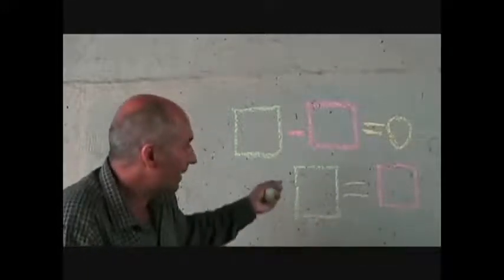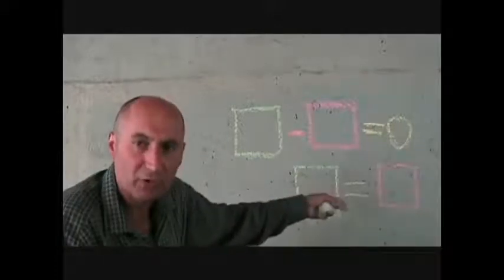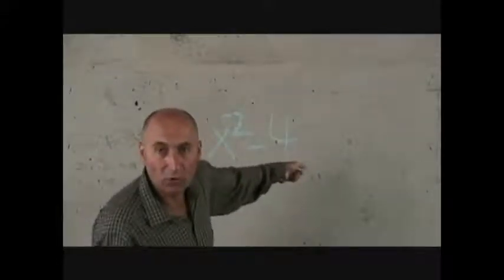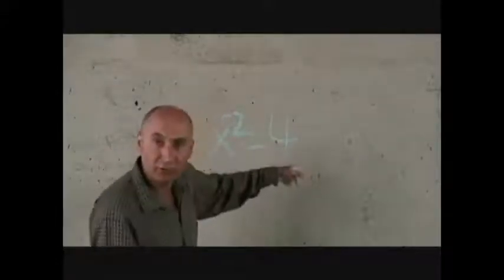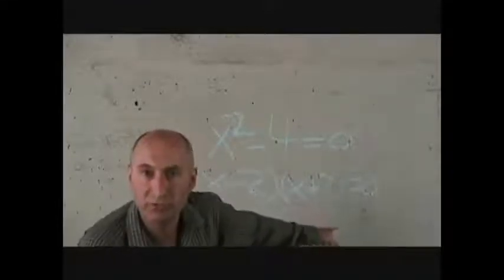So for example, one of the first things that we did was just x squared minus 4. We factored that. So all we're going to do now is just turn this into an equation and go equals 0. If we factor this, we get x minus 2 times x plus 2 is equal to 0.